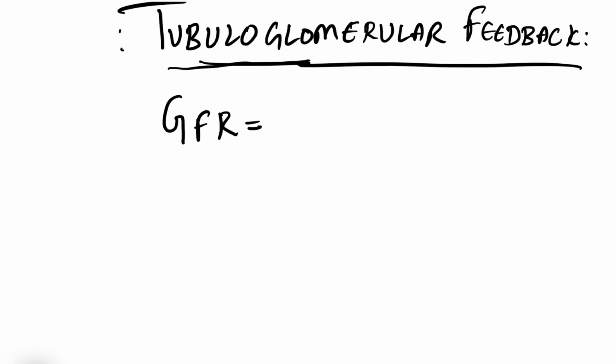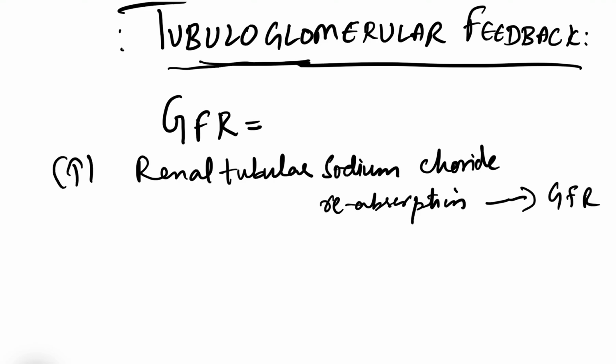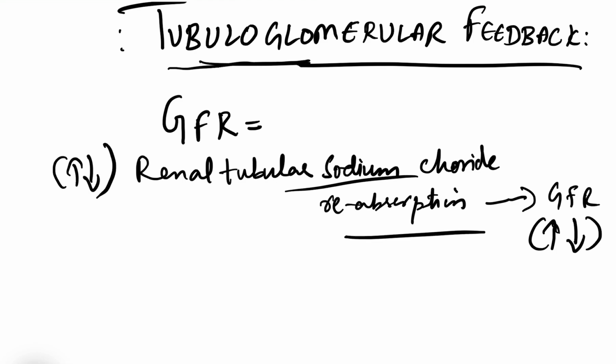In a nutshell, any change in the renal tubular sodium chloride reabsorption will cause a change in GFR. Any increase or decrease in renal tubular sodium chloride reabsorption will cause an increase or decrease in the GFR. That is the basic crux of this tubuloglomerular feedback mechanism.